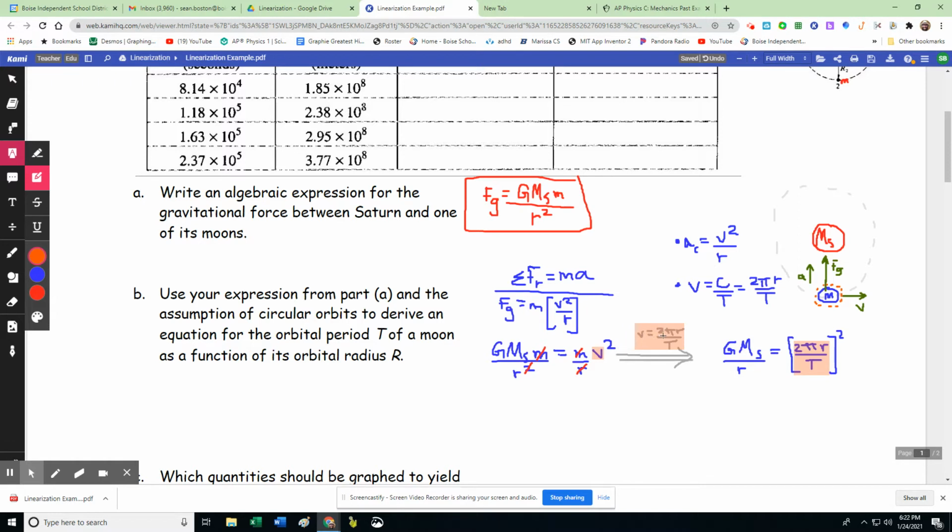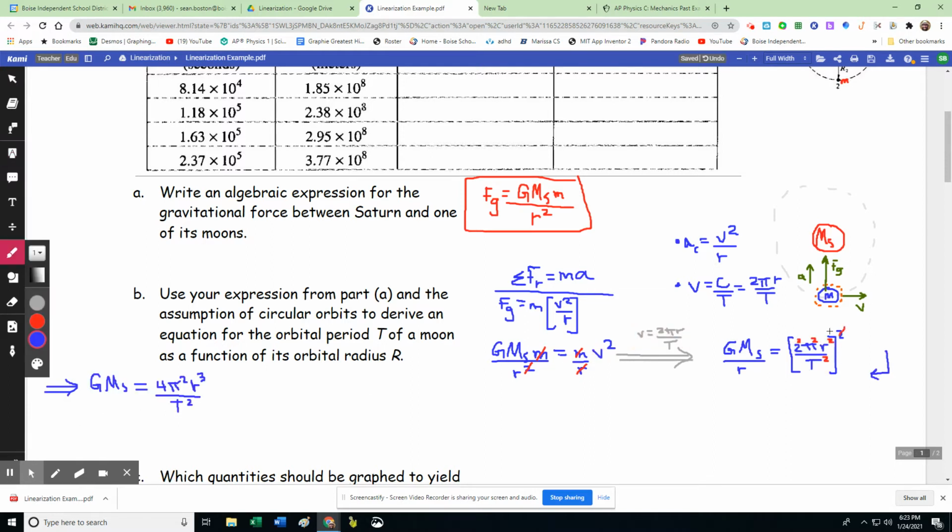Okay, so once again for this speed of our moon around the planet, we're going to plug in what it means to do an orbit in a period. So we plug that into that spot. That whole thing is going to get squared, and we'll distribute the square through here now.